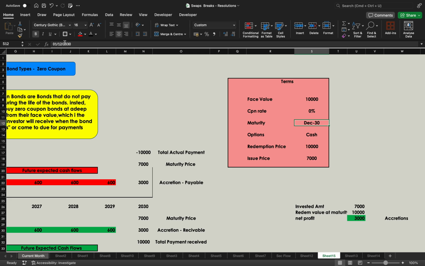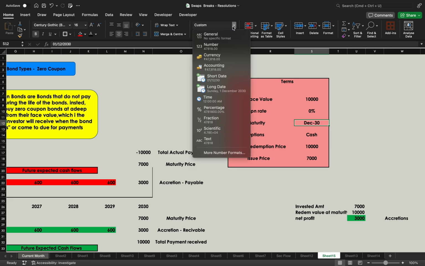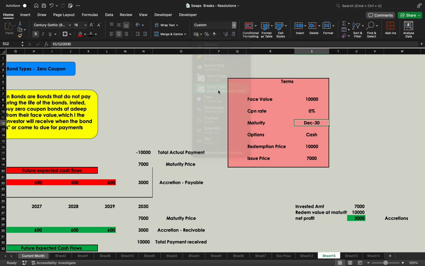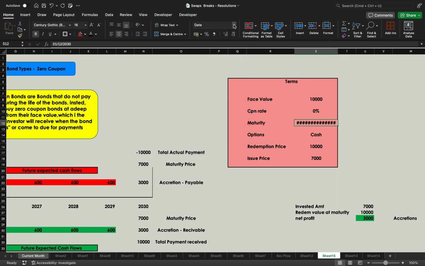The bond will redeem in cash. Redemption price is 10,000 and issue price is 7,000.